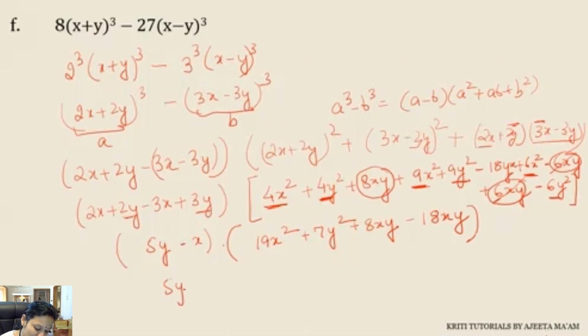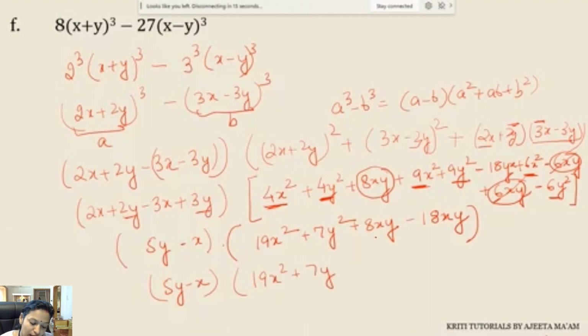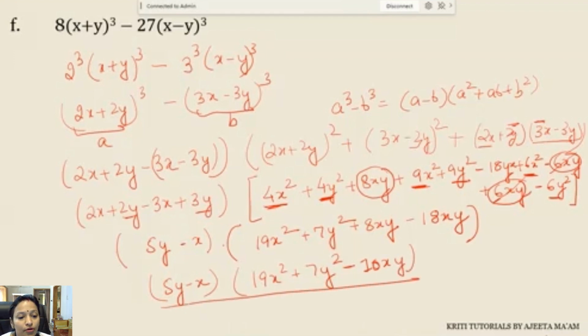So we get, in the final step, (5y minus x) times (19x square plus 7y square, and 8xy and minus 18xy). They both combine to minus 10xy. Clear? So this is the factorization of the above question.